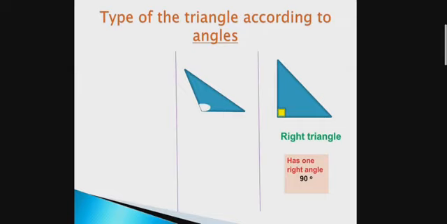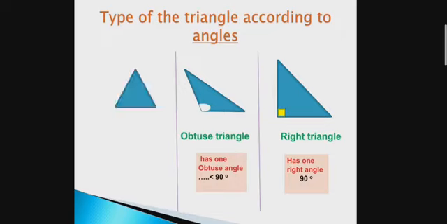It has only one obtuse angle, so it's an obtuse triangle. It has one obtuse angle, and the other two angles are acute. Finally, this triangle has three acute angles, so it's the acute triangle. It has three acute angles.